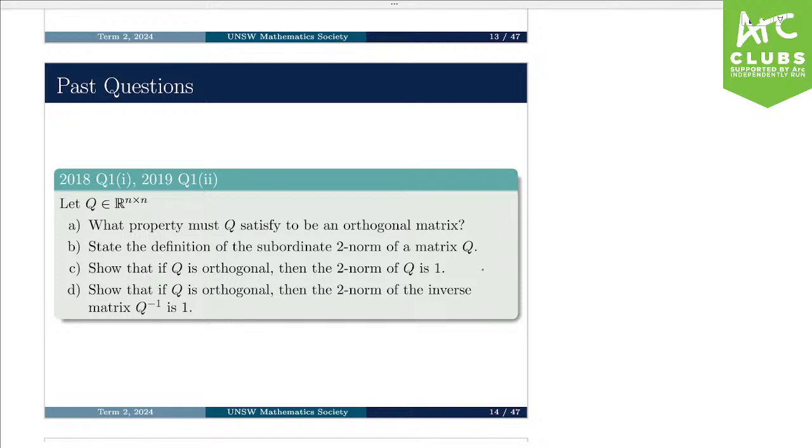So it either asks part C or part D, and here we do the 2018 question and the 2019 question. So part C will be 2018 and part D is 2019, I think.